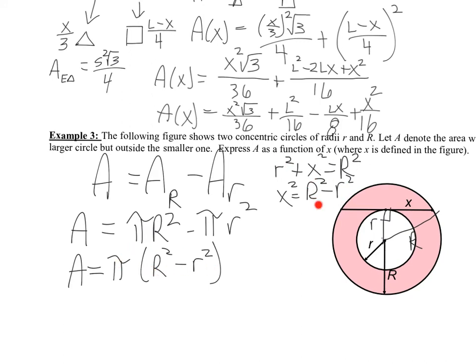Come over here, get R squared minus r squared by itself, and that equals x squared. So we can insert x squared right there. And now we have the area of the outer rim just based on x, which is a super simple, nice formula for the area of that figure.